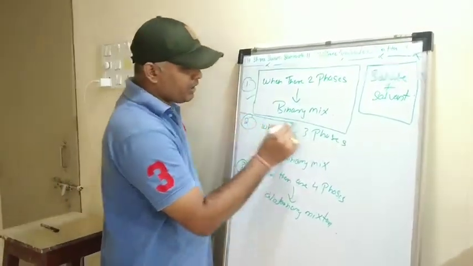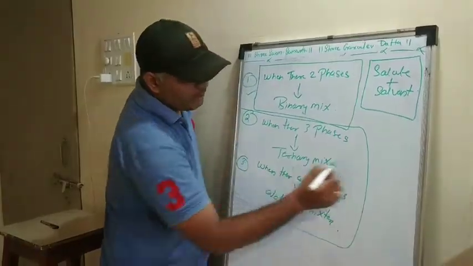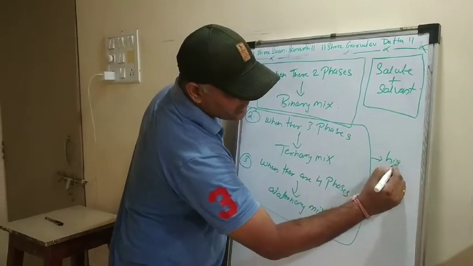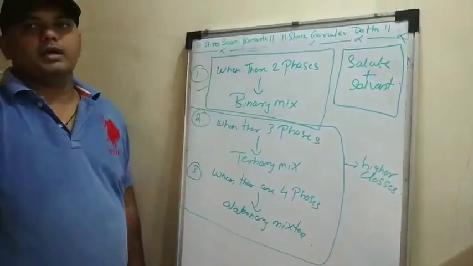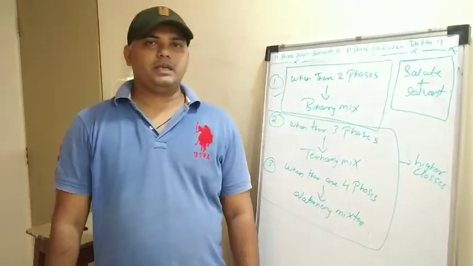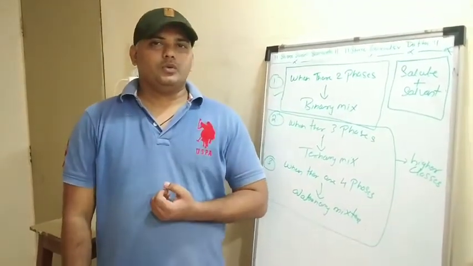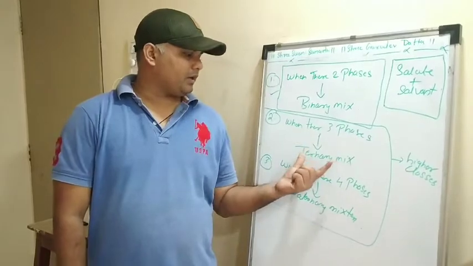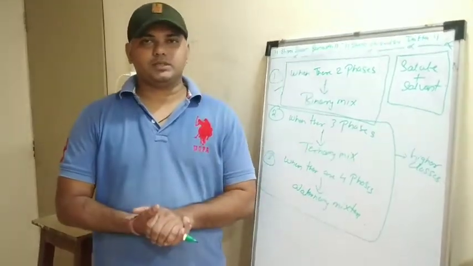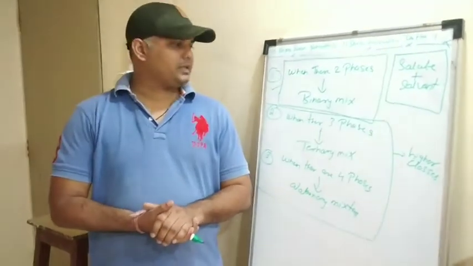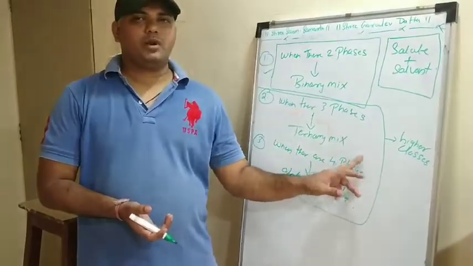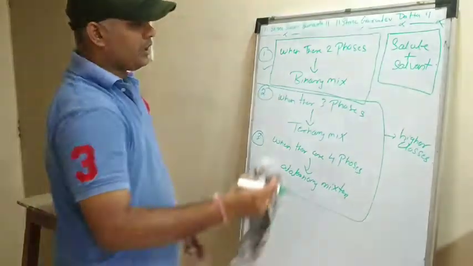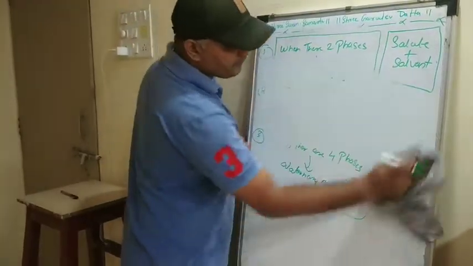This part is only applicable in the higher classes, especially when you go for the master degree in MSc or in BSc, you'll undergo the practicals of ternary and quaternary mixtures. So in this particular chapter, we'll be focusing only on binary mixtures. This will not be taken into consideration, right? I hope that you have understood this.